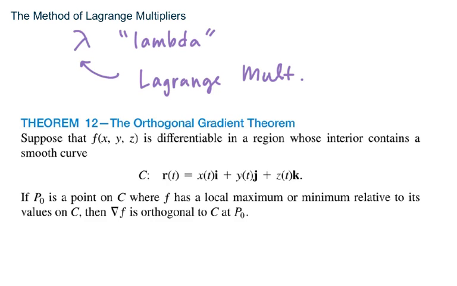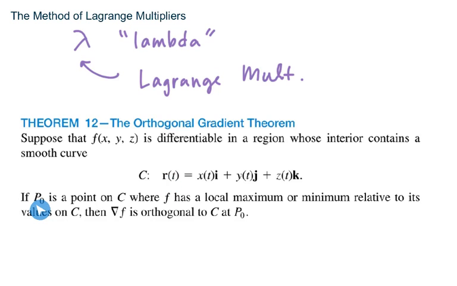The first theorem is the orthogonal gradient theorem, and it says given a multivariable function which is differentiable on a given region, and the interior of this surface contains a smooth curve, C. That C is the curve on the surface, and R is this vector function representing that curve.